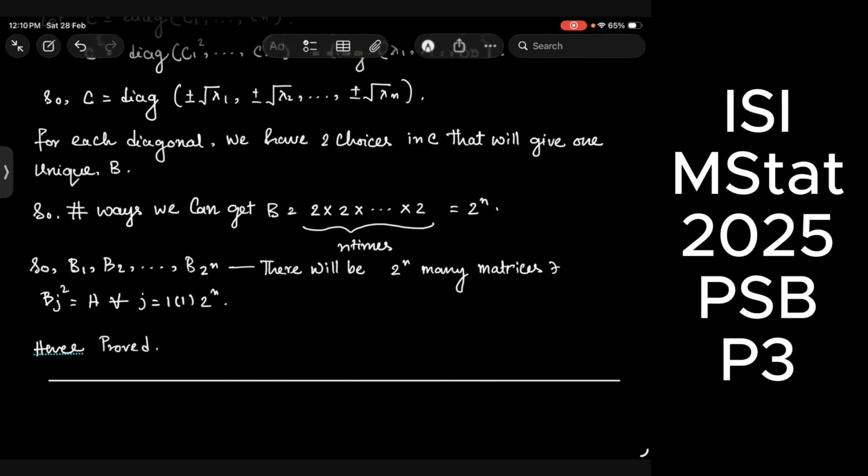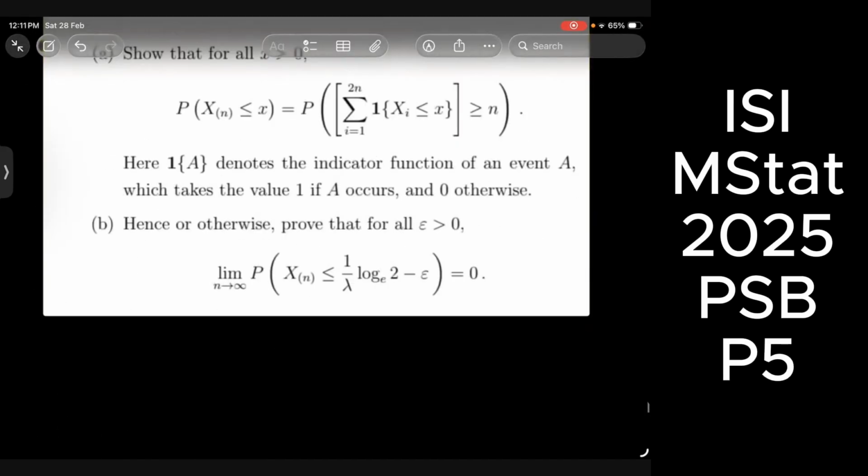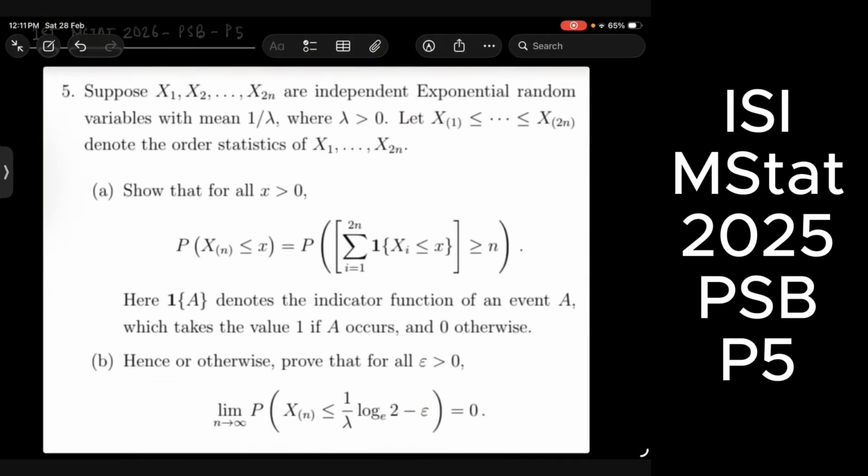Tell me if you have any doubt in this problem. So, this is the next problem. Given that x1 up to x2n are independent exponential random variables with mean 1 by lambda, where lambda is greater than 0.